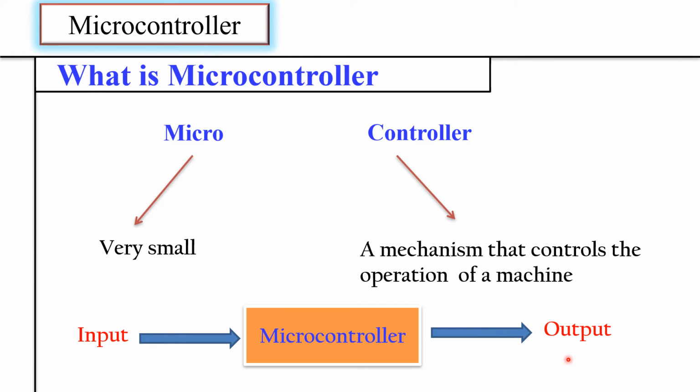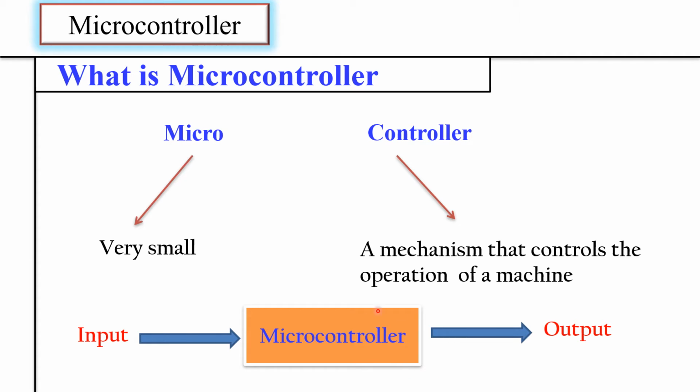The input could be a user input or the input which is coming from a sensor. Examples of microcontroller applications are digital camera, washing machine and microwave oven.